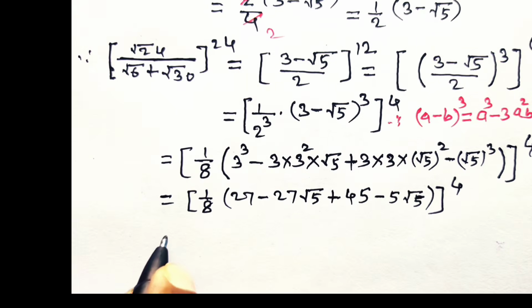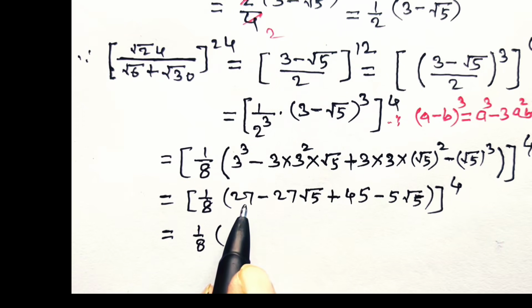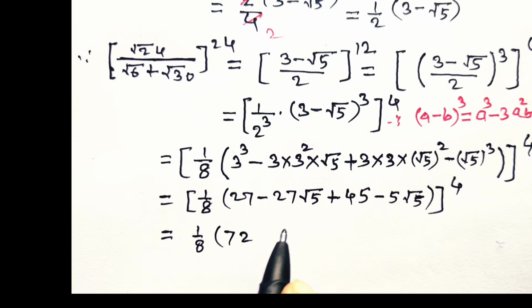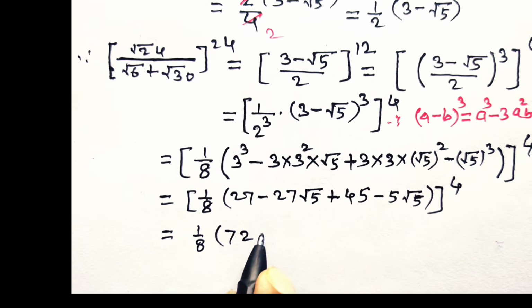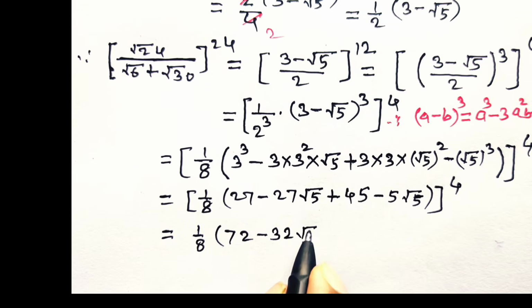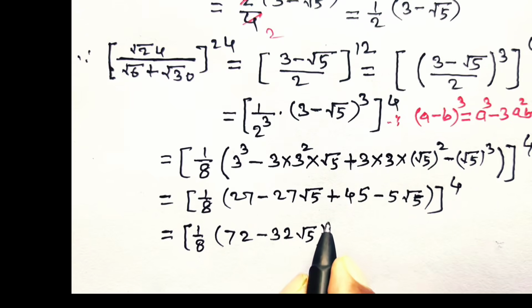So this is equal to 1 upon 8 into bracket 27 plus 45, 72, minus 27 root 5 minus 5 root 5, that is minus 32 square root of 5, and then its fourth power.